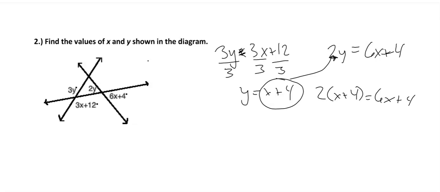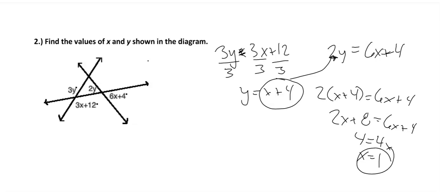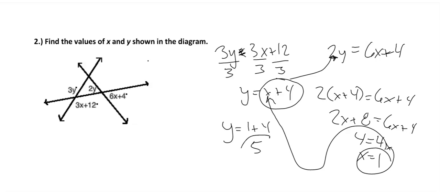You also could have solved this by elimination. 2x plus 8 equals 6x plus 4. Minus 2x is 4x. Minus 4 is 4. So you get x equals 1. What do you do once you have one of your variables? Substitute into the other place. So y must equal 1 plus 4. That's 5.